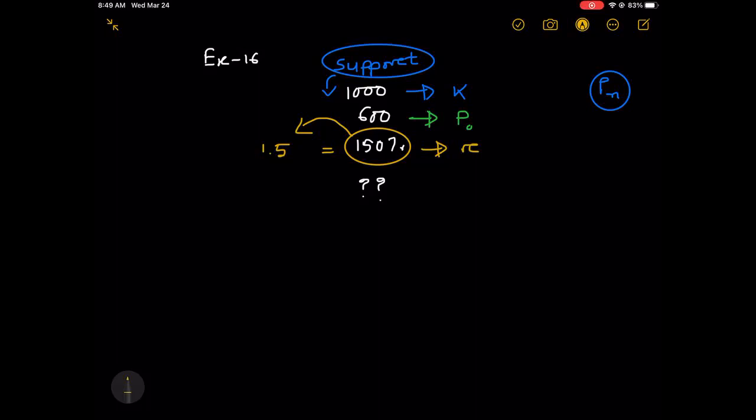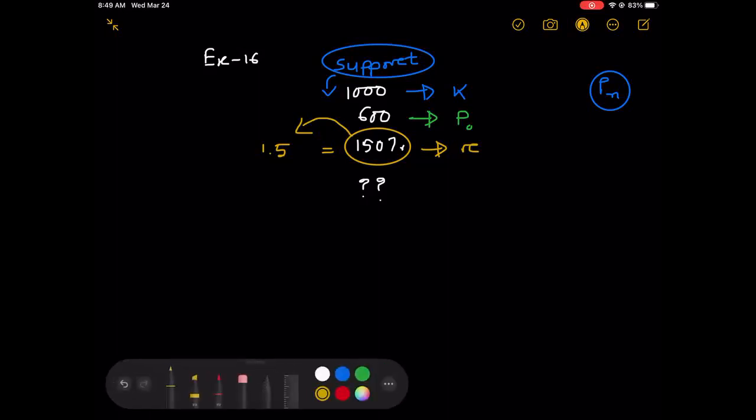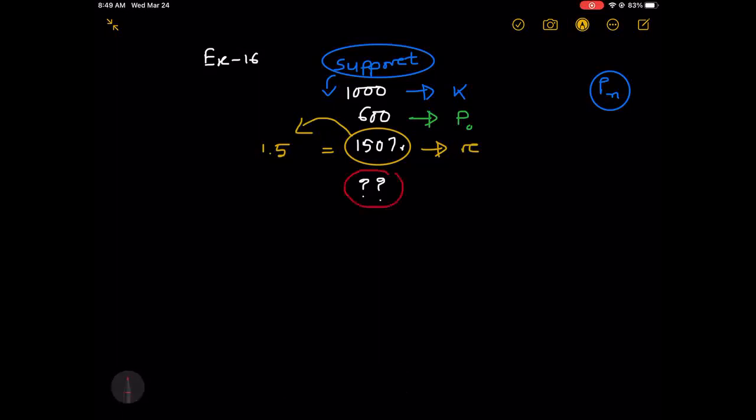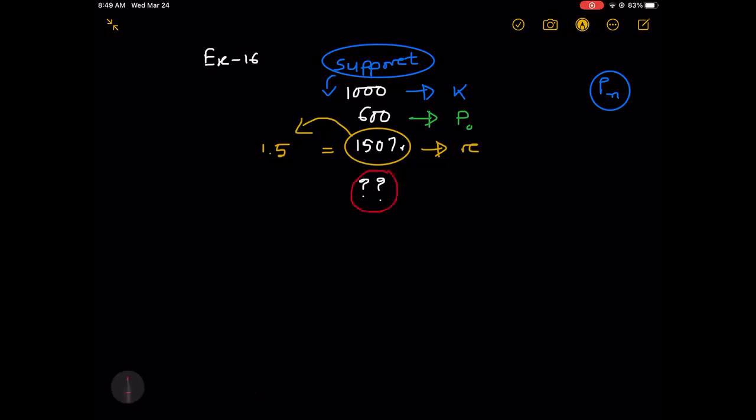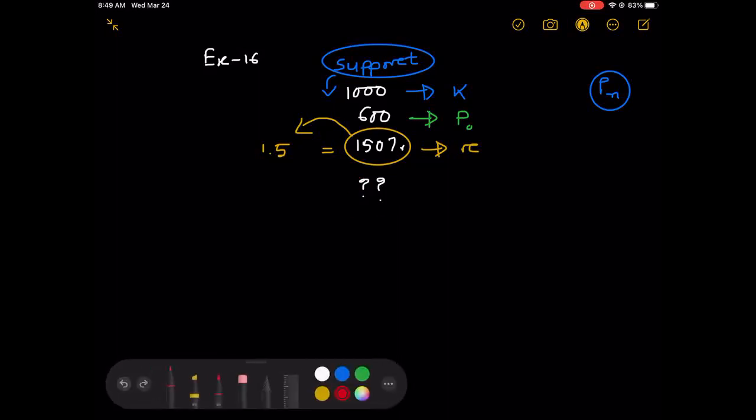Now the question says calculate the next couple generations. So my question is, what are we looking for? Are we just looking to see when the population will reach 1,000? No, not quite. Anyone else?